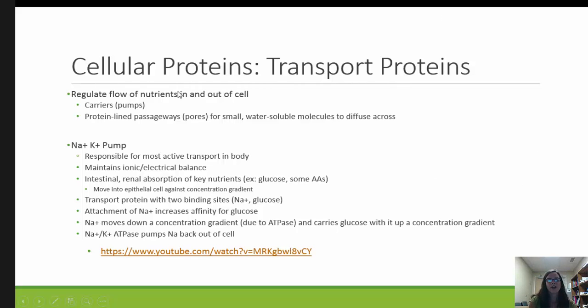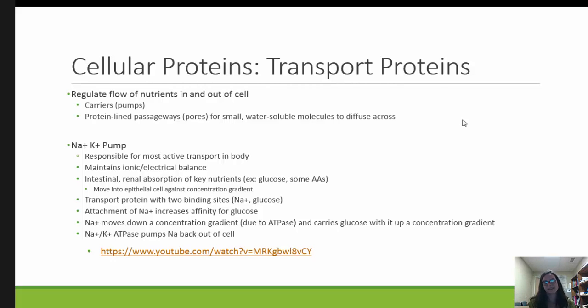So when we have active transport, what is happening is that a nutrient is being moved from an area of lower concentration to higher concentration. So that doesn't make sense, right? In nature, usually molecules move from areas of high concentration to low concentration so that it balances out.